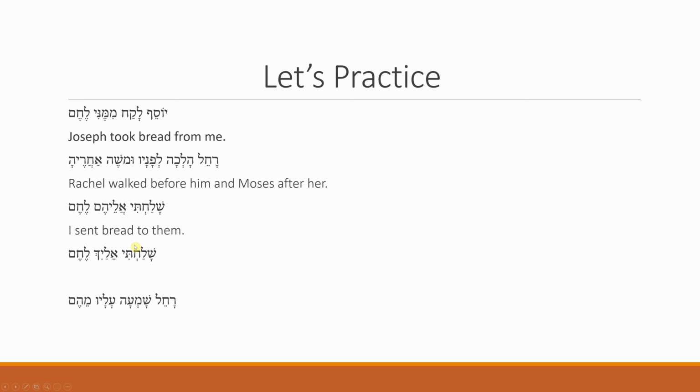Okay. First word, shalachti, I sent to you, feminine singular. So here's your feminine singular ending with the preposition el, right? To. But there's some funny stuff going on under there with both vowels and consonants. Lechem. I sent to you bread. I sent bread to you would be a perfectly acceptable translation.